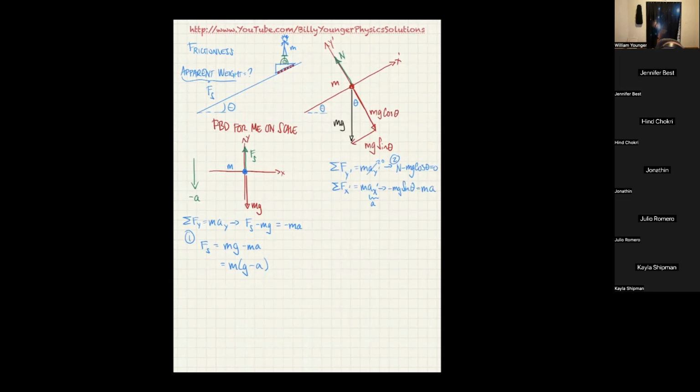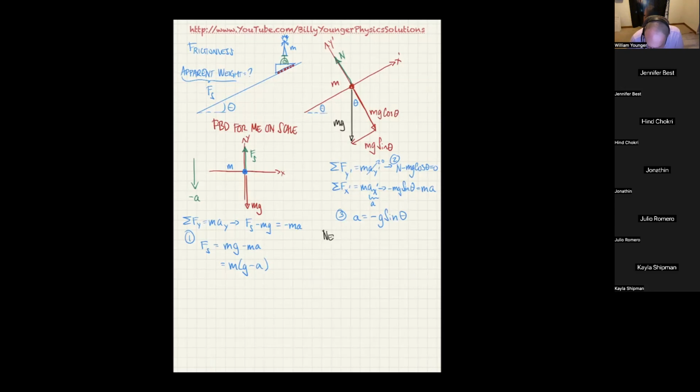So you see that equation 3, a is equal to negative g sine theta, and that's along the x prime axis.